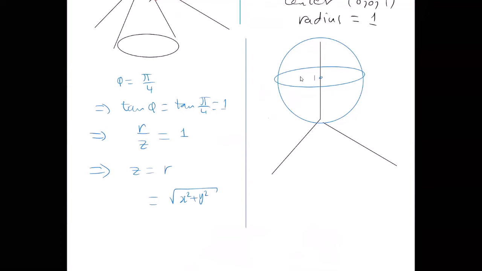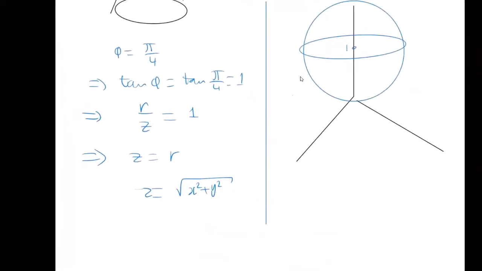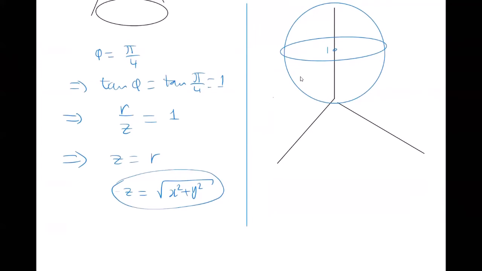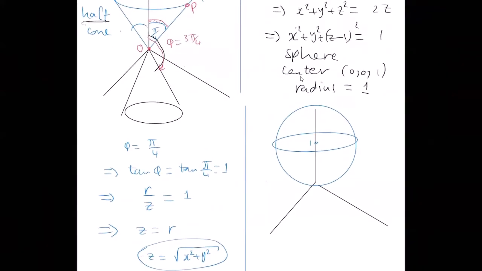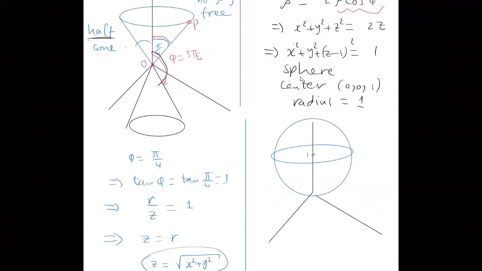Look at the equation of the cone, the half cone. We are usually given this sort of equation, and we transform it into spherical or cylindrical as required to make the solution easier, because the region in space will be more easily represented this way.